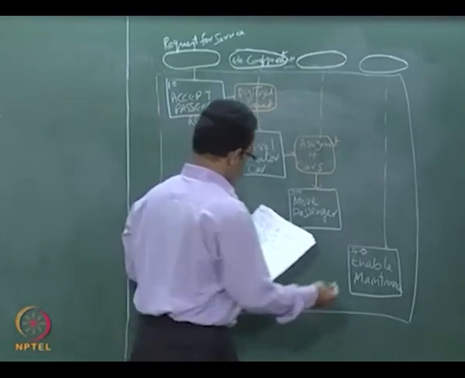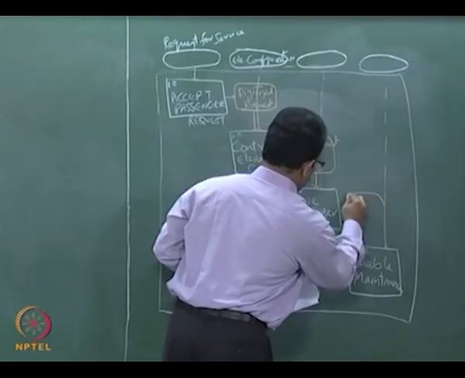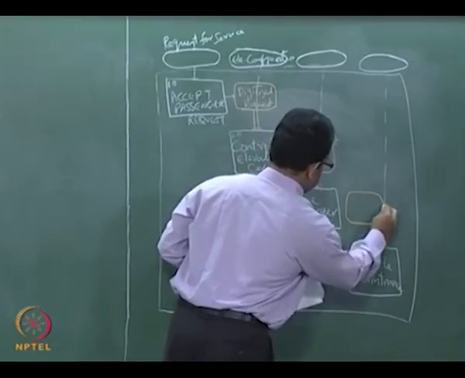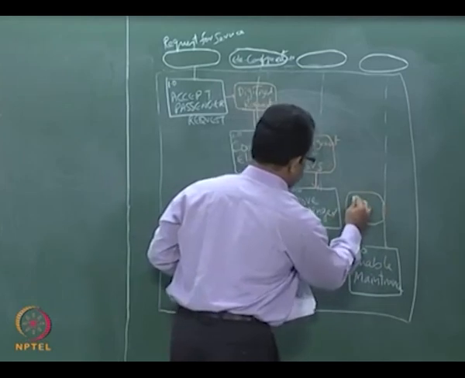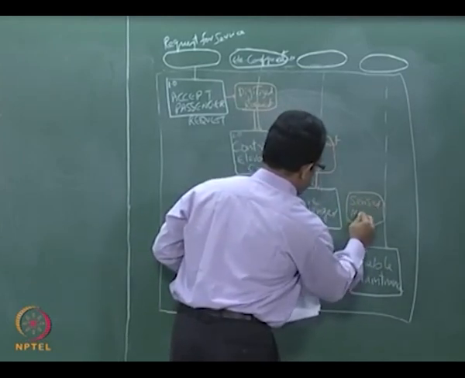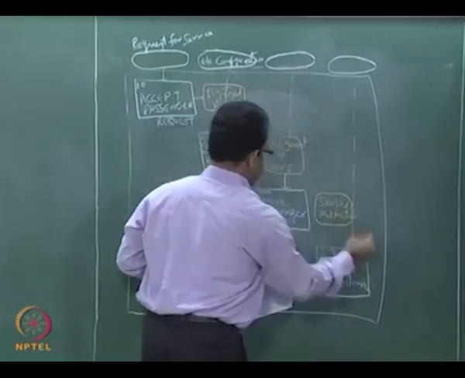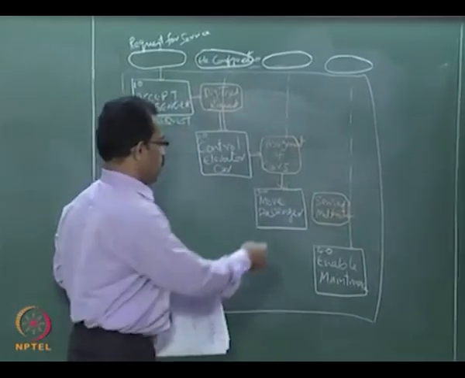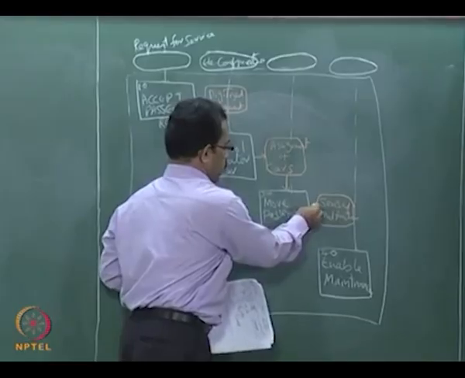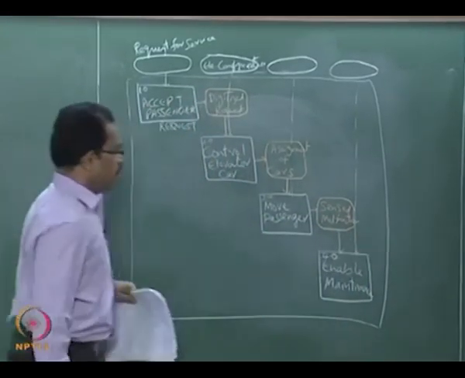Similarly, here sensed malfunction could be an output. So when there is a malfunction in one of the cars, that will be sensed, and so that will be another output from here, sensed malfunction. If any one of the cars is not functioning, that will be given as an output here, and this will be given as an input to the enable maintenance.